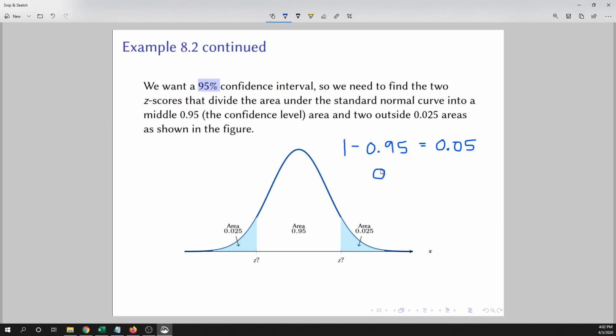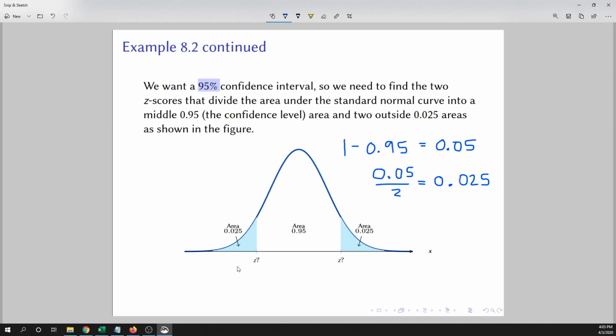So if I take 0.05 and divide it by 2, because this area here and this area here are exactly the same, we get 0.025. Then we would go to Table 2 and look up an area of 0.025, and that would give us this z-score over here.